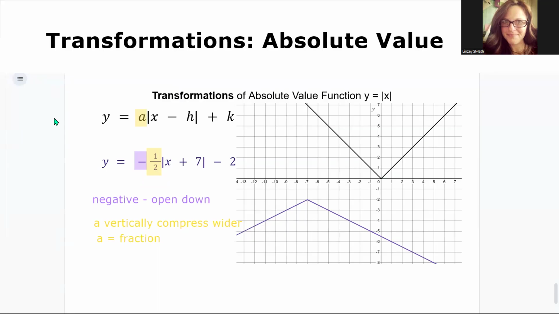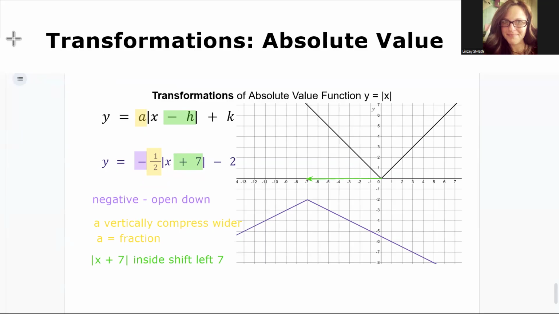Then we have our horizontal shift, opposite of what you would think. Since we have x plus 7 on the inside of the absolute value symbols, this will shift the graph to the left 7. As we can see, our vertex has been shifted left 7.